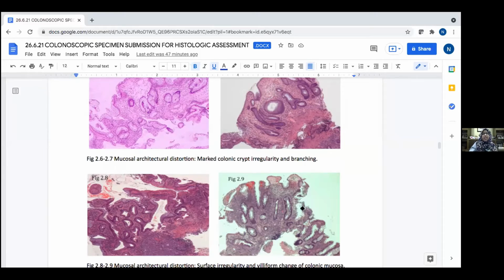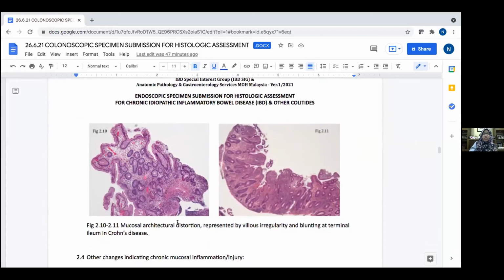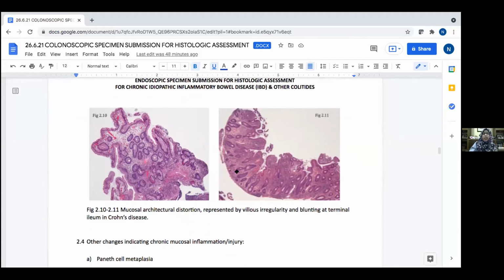Figures 2.8 and 2.9 are from colon and look more like ideal mucosa. On the contrary, figures 2.10 and 2.11 are of the terminal ileum, showing irregular villi with blunting and bulbous-looking villi in 2 cases of suspected Crohn's disease.